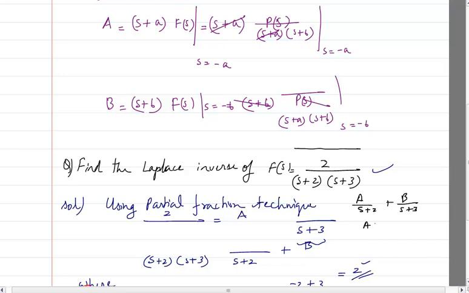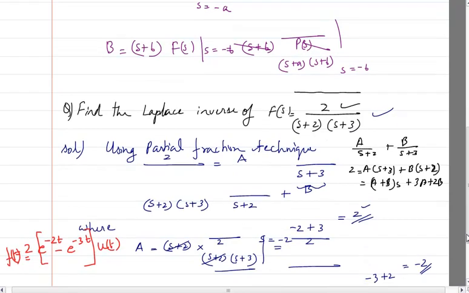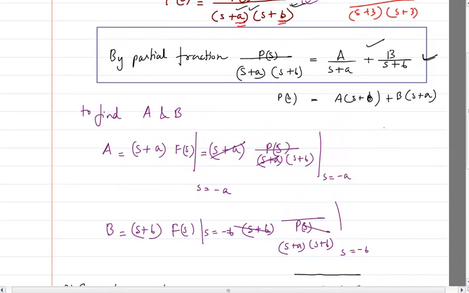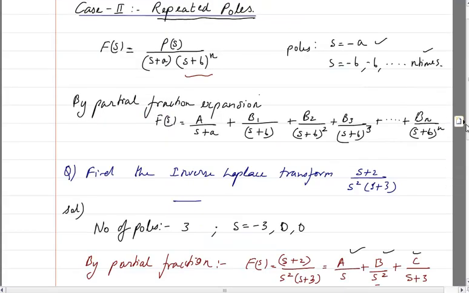So I could have written a into s plus 3 plus b into s plus 2, and that is going to be equal to the numerator, which is 2. So I could have got a plus b into s plus 3a plus 2b, and from here using the simultaneous equations I could have found them, but there is no need for doing this for the case of simple poles, because for simple poles you have a simple equation. Okay, but we could have done that same method.